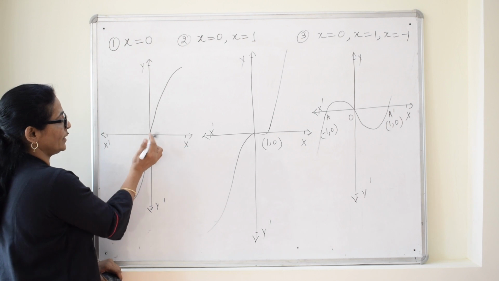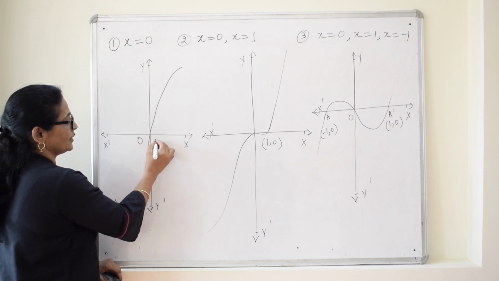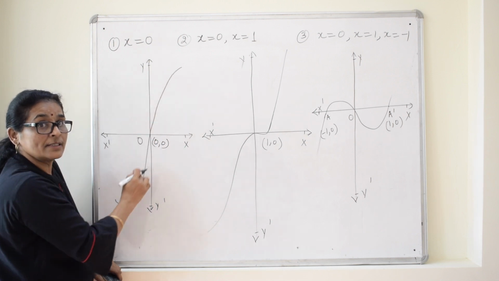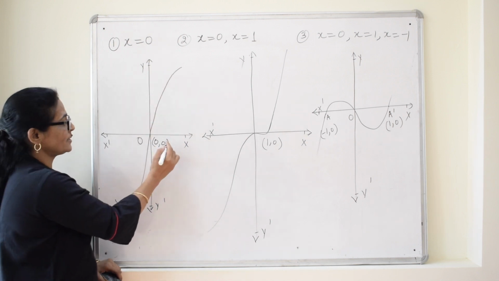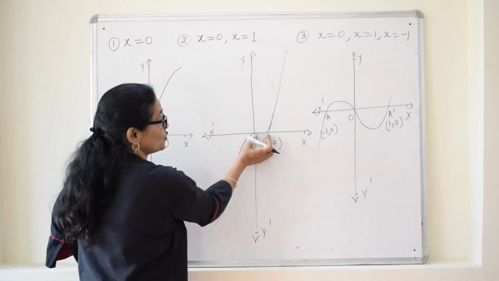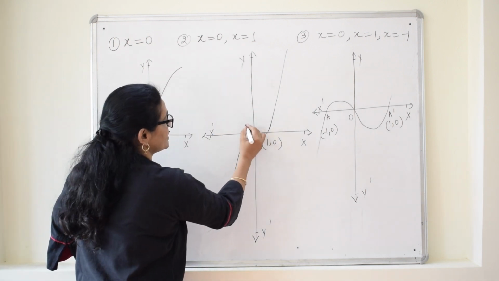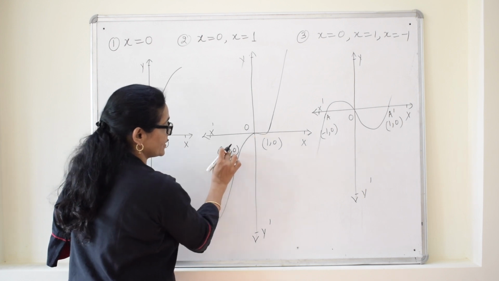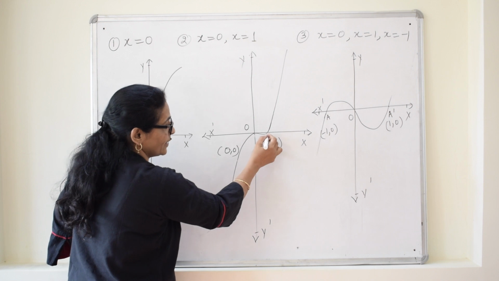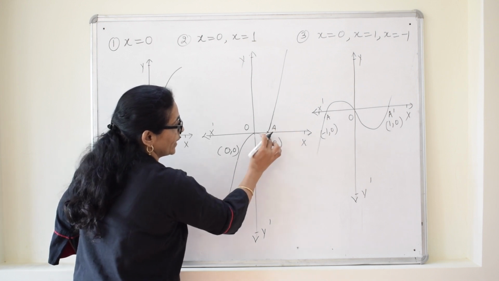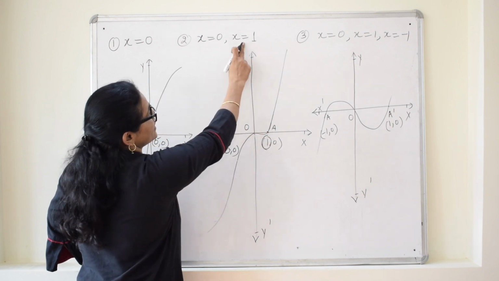First case only 1 zero, that is the x coordinate where this curve is intersecting the x-axis, so its zero is 0. Second case, it has 2 zeros. First is the x coordinate of the origin, that is 0, and second is the x coordinate of the second point. This point is here 1, 0. So second zero is 1.